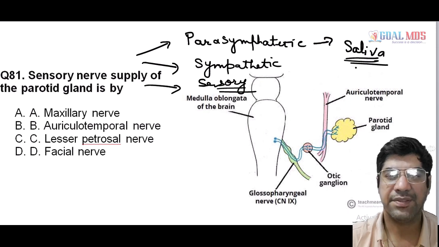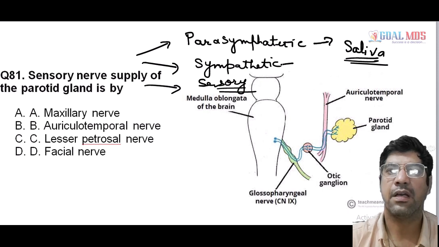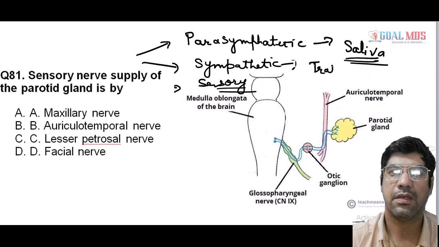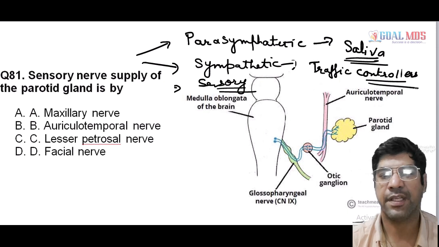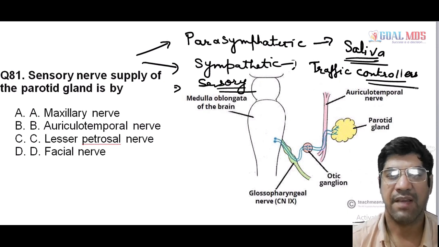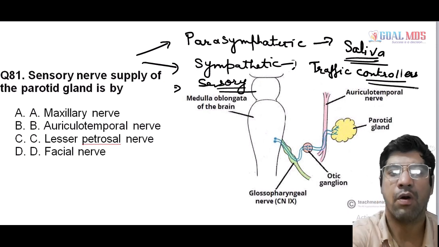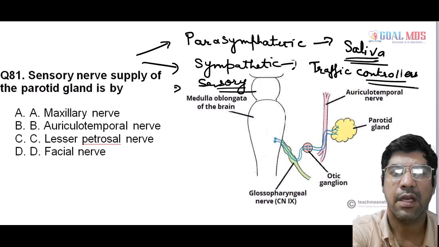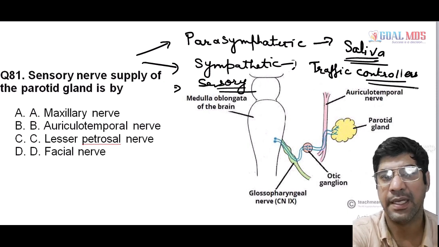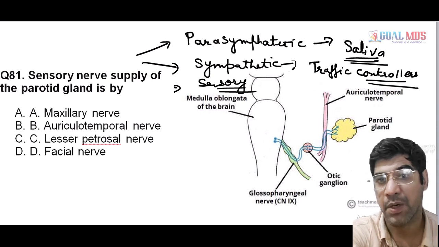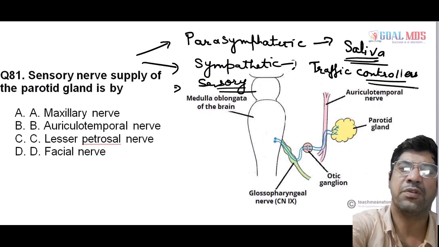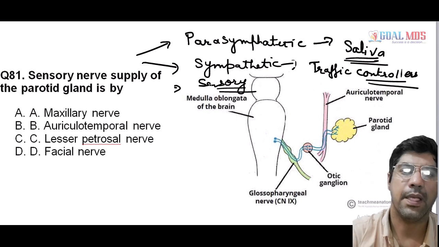Whereas the sympathetic nerves, these are like traffic controllers for the blood vessels around your parotid gland. They will regulate the blood flow to ensure that the parotid gland gets the right amount of oxygen and nutrients. It's like making sure the factory, that is the parotid gland, gets the proper resources it needs to work properly.